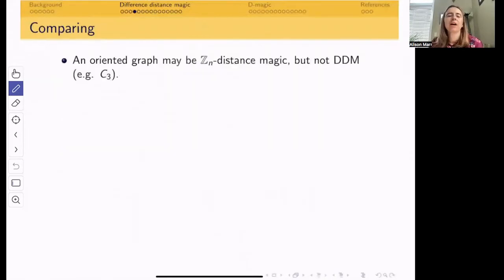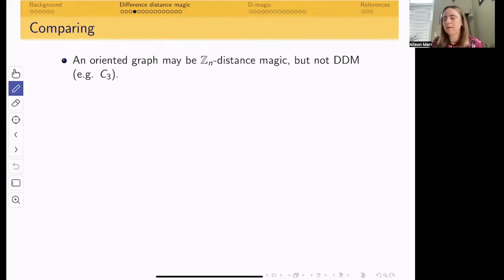Comparing it back to some of the definitions we gave earlier, an oriented graph may be Zn distance magic, but maybe it would not have a difference distance magic labeling. The example we saw there, C3, you cannot label that as a difference distance magic graph. We'll talk a little bit about why in a minute, but there just aren't enough edges to make that happen.